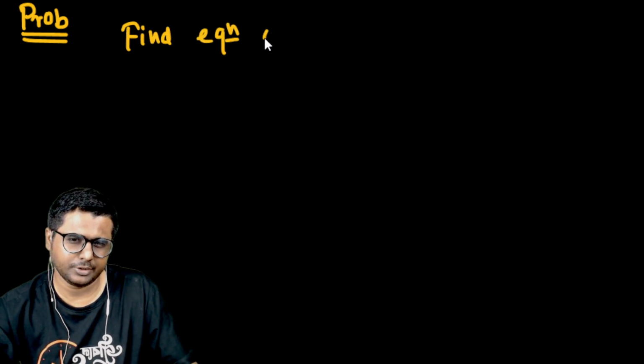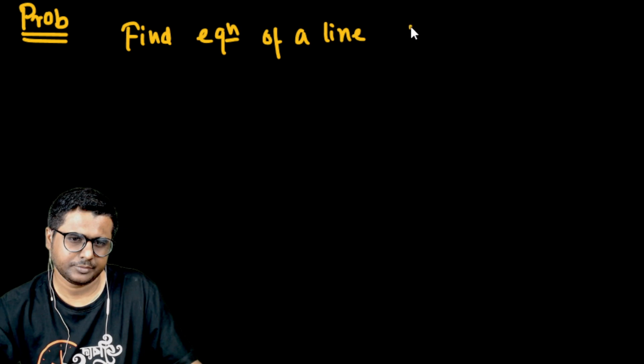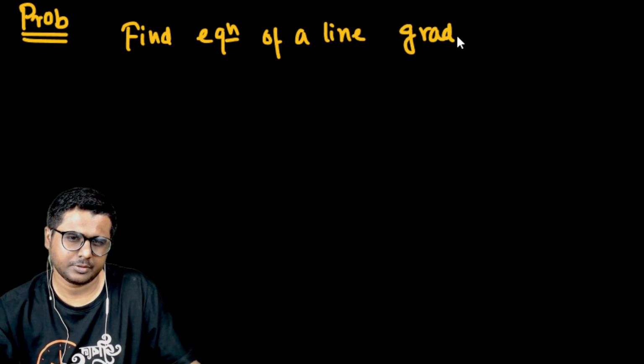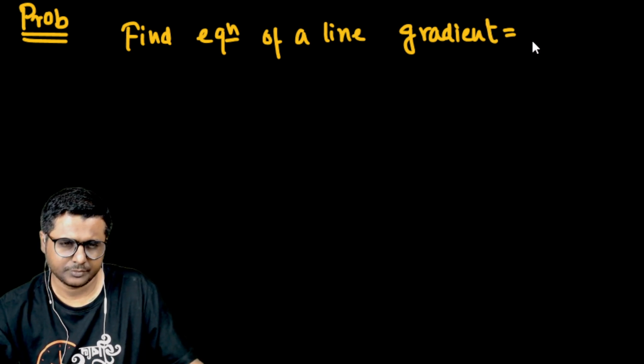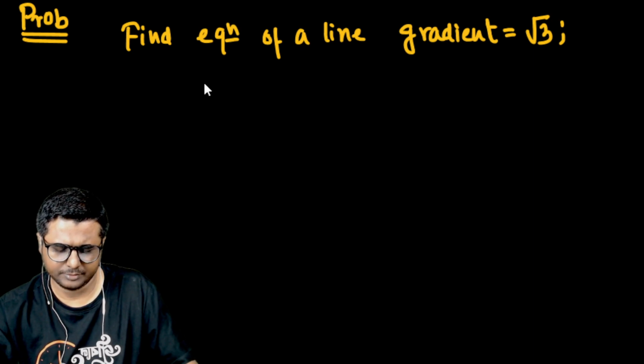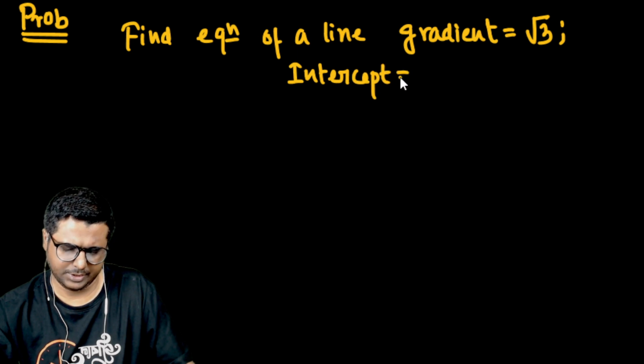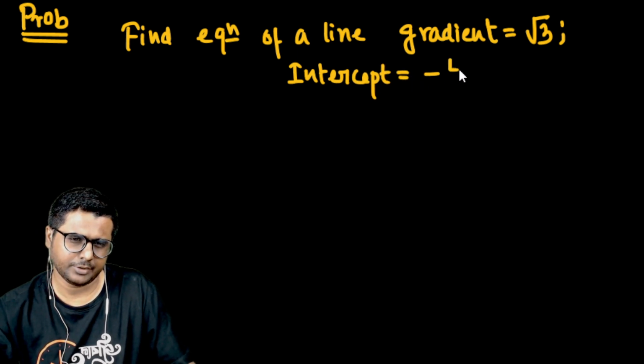Find the equation of a line where the gradient is equal to root 3 and the intercept is equal to minus 4 by 3.